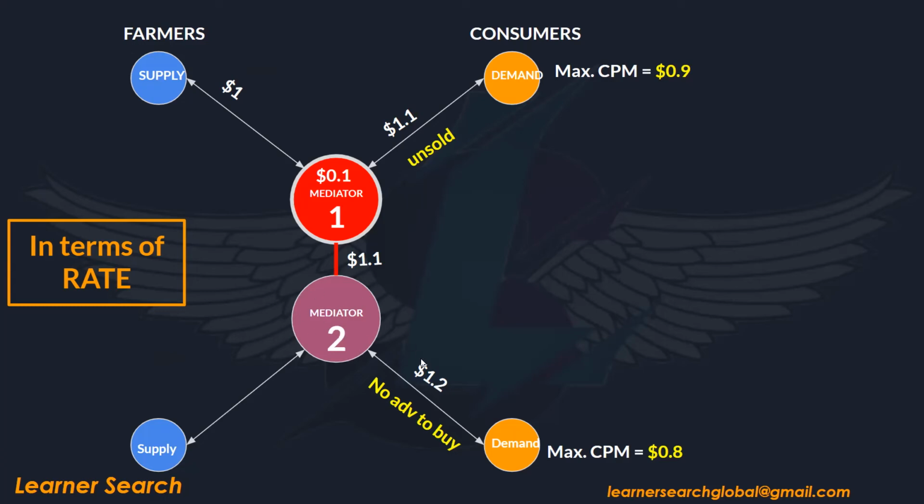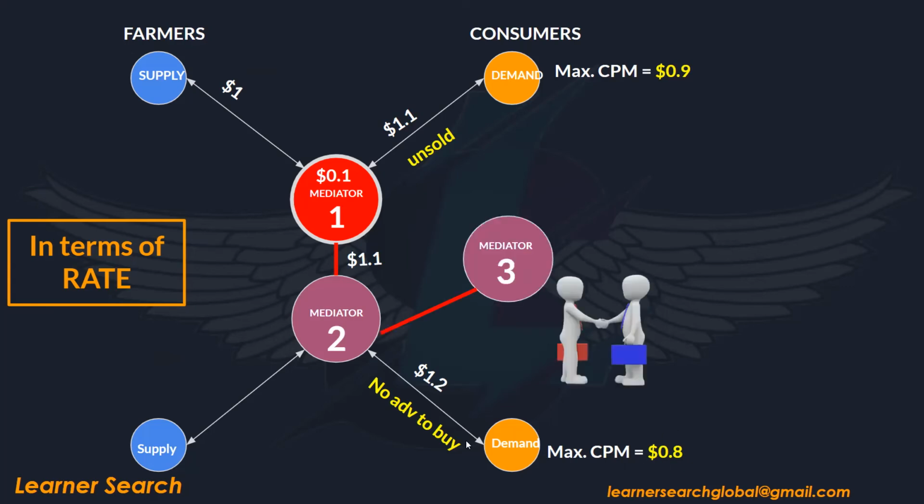Mediator 2 is willing to sell at 1.2. Among all the demand he has, the maximum CPM value is only 0.8. Here I will remove the CPM part. Don't take it as CPM. Just assume that there is $0.8. Since there is no advertiser to buy, he reaches out to mediator 3.